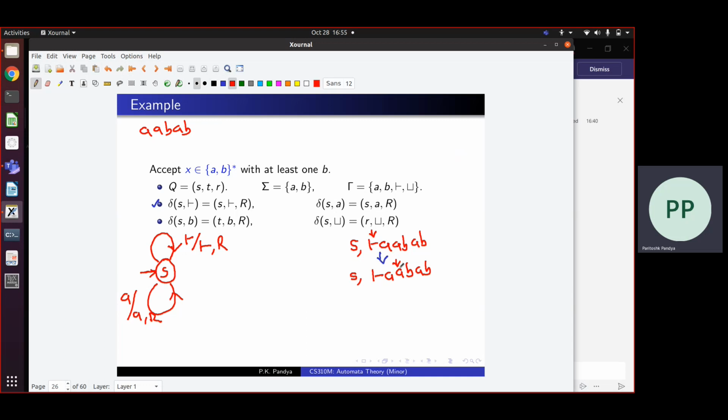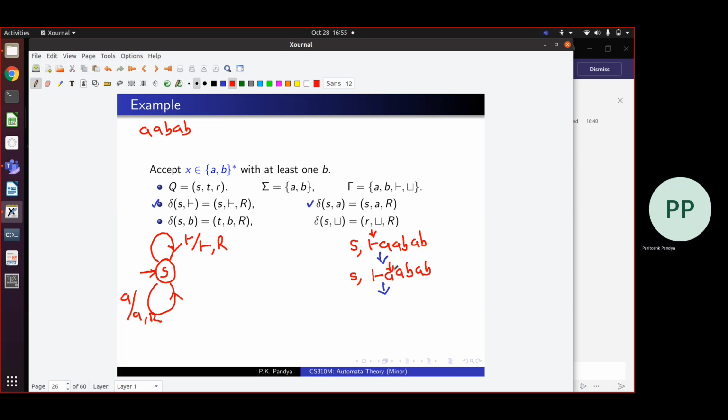Sorry, I made a mistake. The head will come here. I will skip over this left hand marker and go to the next symbol A. Similarly, in the next move, I will skip over this A, using this transition. Okay, because currently I'm in state S and the symbol under the head is A, so this transition applies. So I will remain in state S. What will be the configuration I will get?